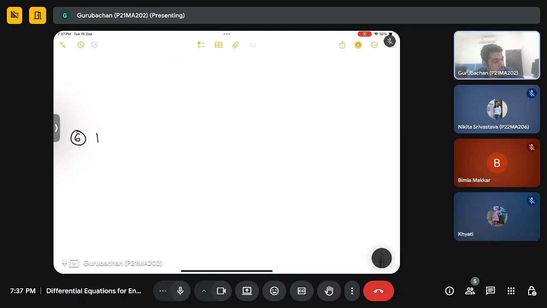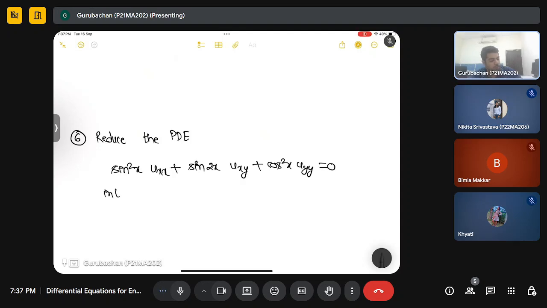So reduce the PD, and the given PD is sine square x uxx plus sine 2x uxy plus cos square x uyy equal to 0, into canonical form.